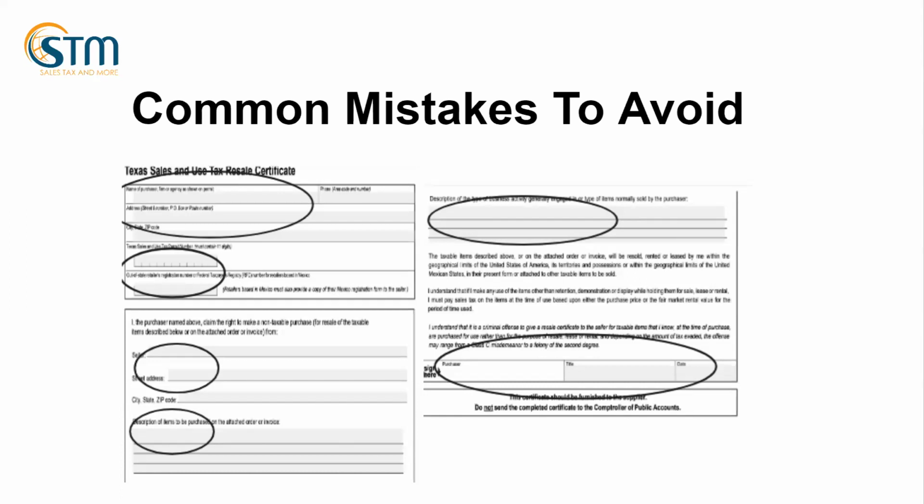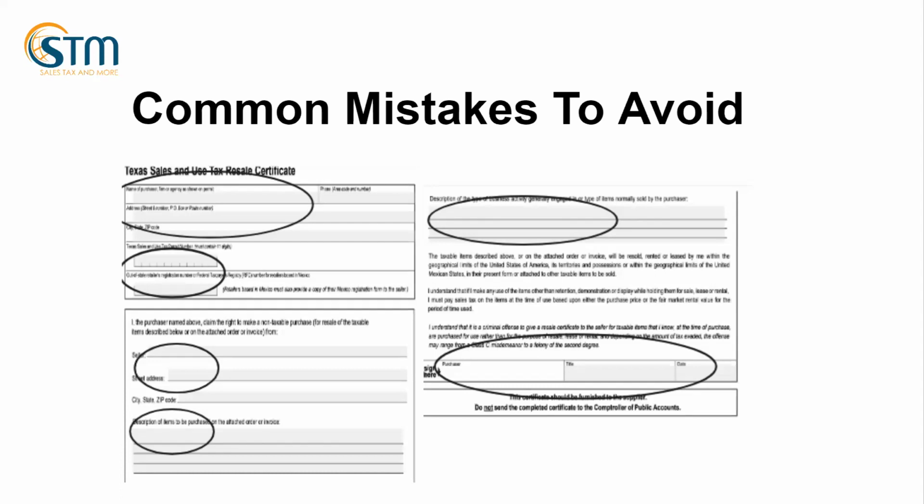And Texas is fairly easy. If you're not required to be registered in Texas, you can just put your out-of-state registration on the line below it. Now, you don't have to check to see if that's a valid number, but you do have to count the digits because there are 11 digits in a Texas sales tax permit number.